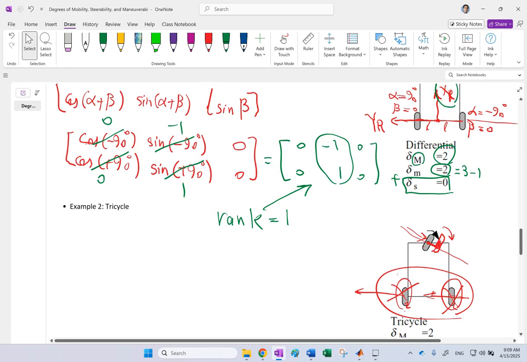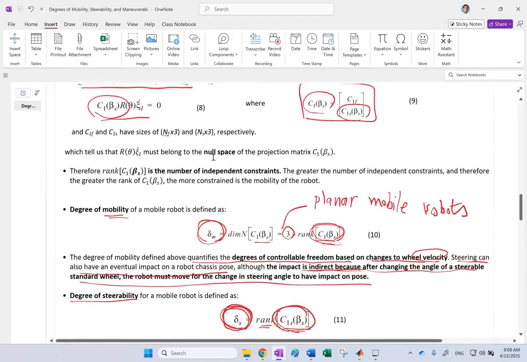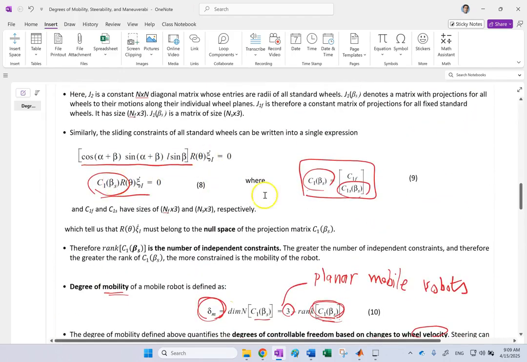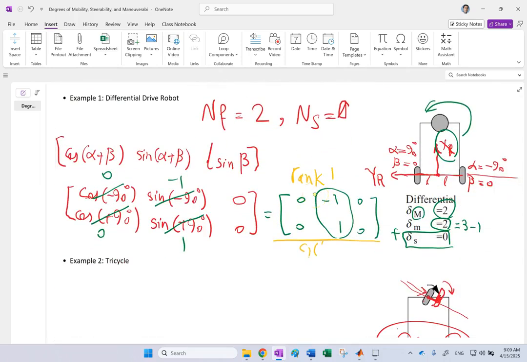Now we are going to look at a tricycle. This is a little bit more interesting. Again, this guy here is C1, just this matrix here, that is C1 of beta S. But there is no beta S in this case.